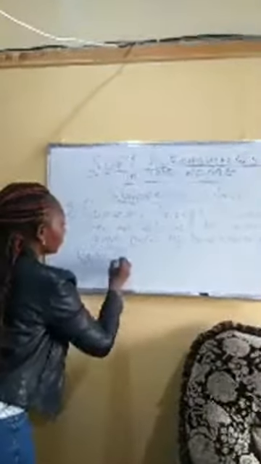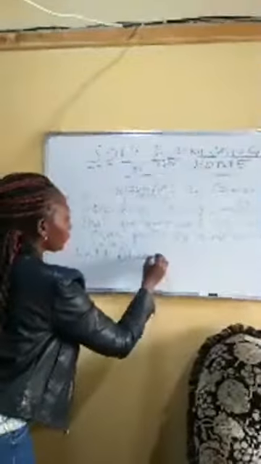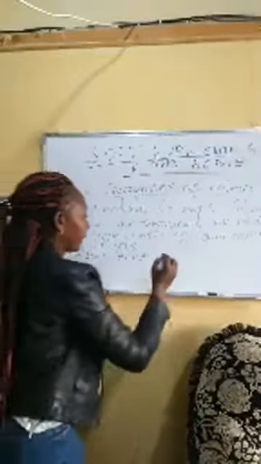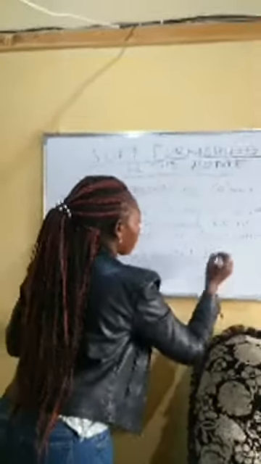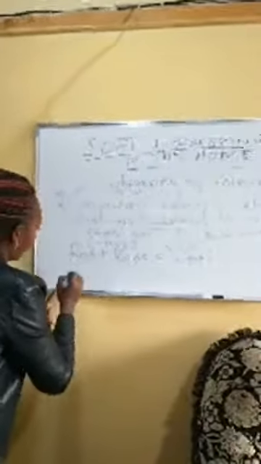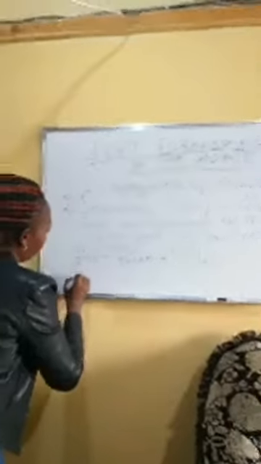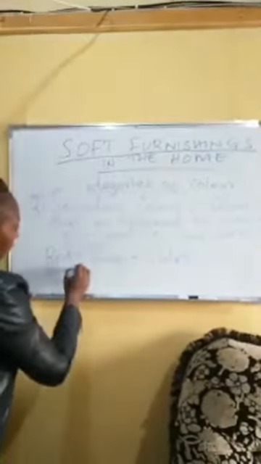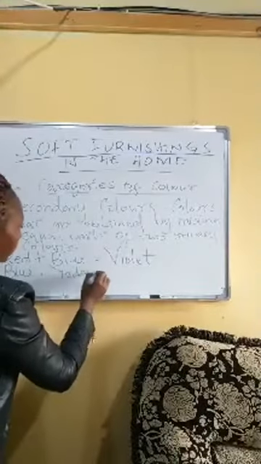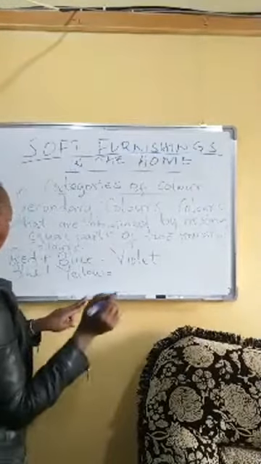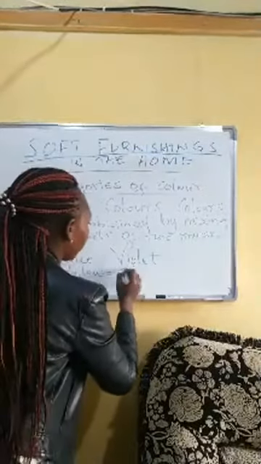plus blue. You obtain violet. Blue plus yellow, we obtain green.